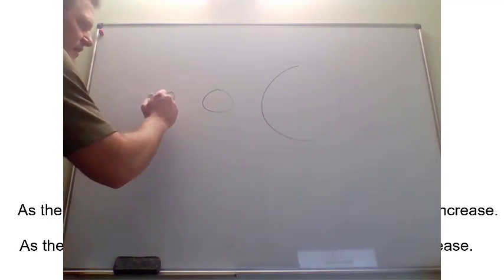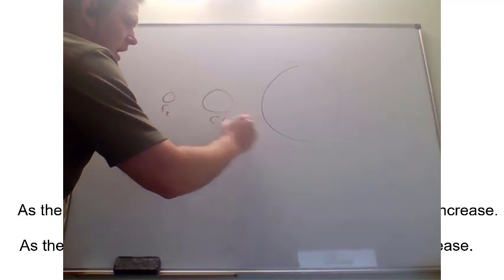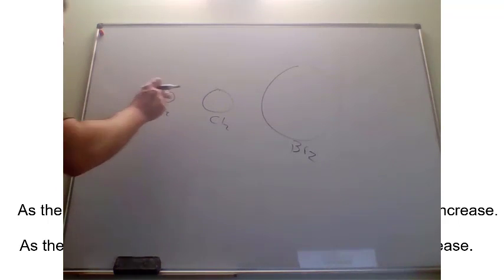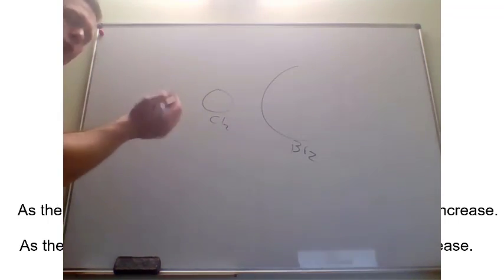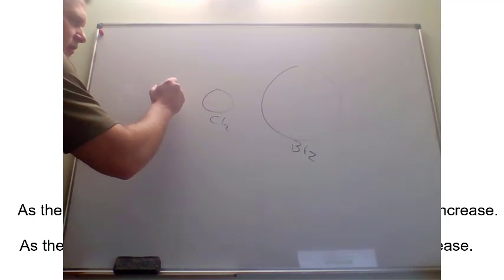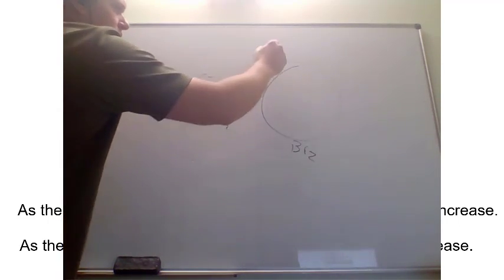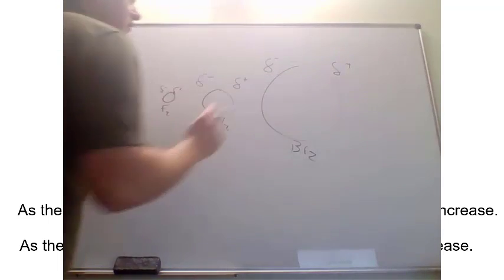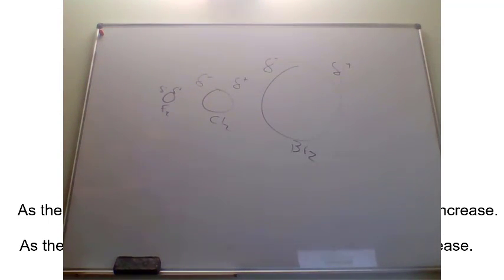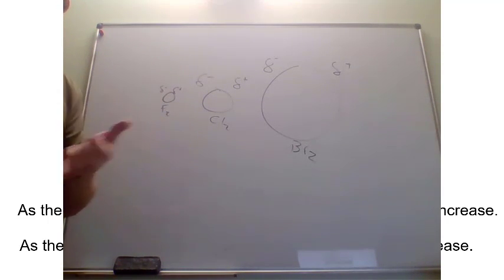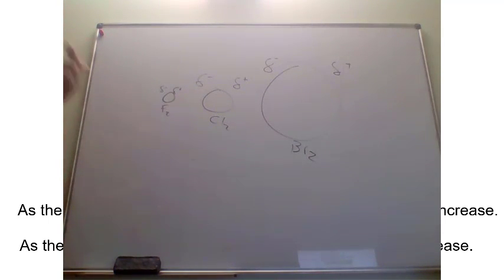So better yet, let's think of this as F2 and Cl2 and Br2. These diatomic molecules are increasing in size. For our smallest molecule, F2, if they form a temporary dipole where you have a partial negative and partial positive on one side, and if each of these all form their temporary dipoles, the further apart that you separate these individual charges, the stronger the magnet is going to become because the charge is not going to be canceled out by its partner.